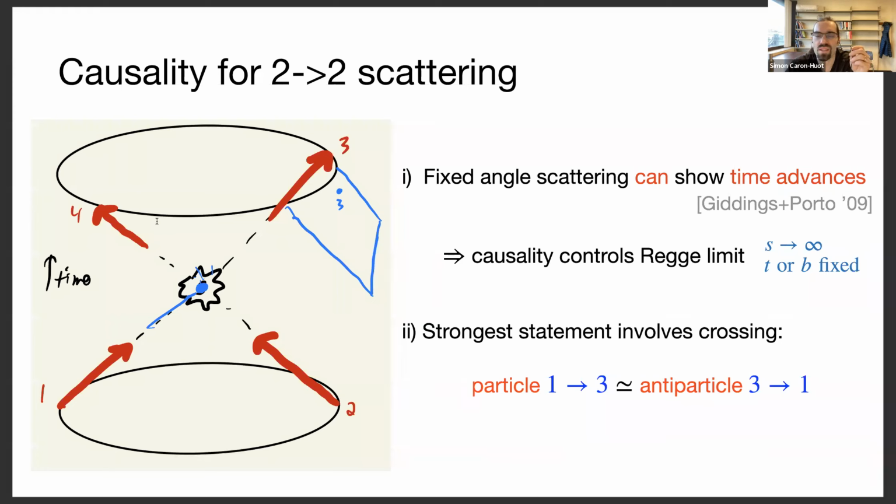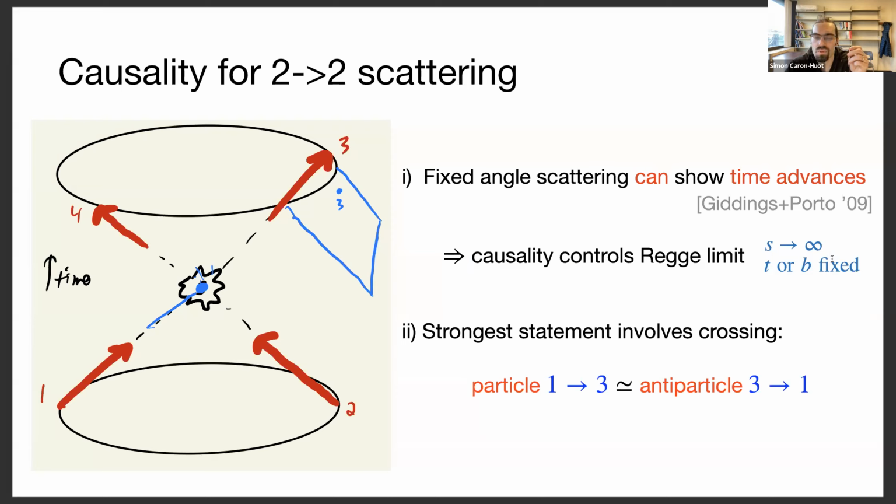It's hard to make any argument at fixed angle. Causality is really powerful in the forward direction, because if you create some excitation at point 1 and you measure in the forward direction, there's a real chance that point 3 becomes outside the future light cone of point 1 if there's time advance. Whereas at fixed angle, you're always in the future light cone of 1. That's why the rigid limit, forward scattering, is so important in this business.